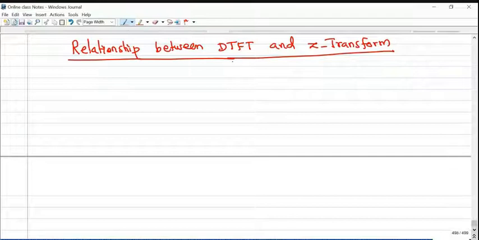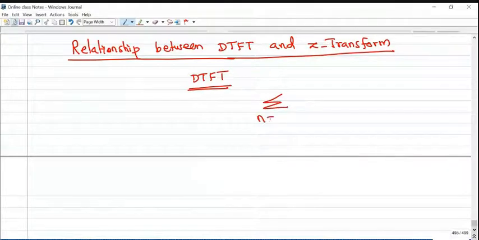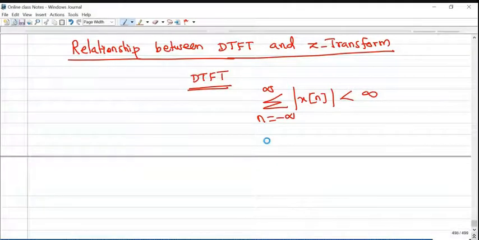What is the condition for DTFT to exist? We can apply DTFT to a discrete time signal based on some condition only: the summation over n from minus infinity to infinity of the magnitude of x of n must be less than infinity. So this is nothing but a stable signal.